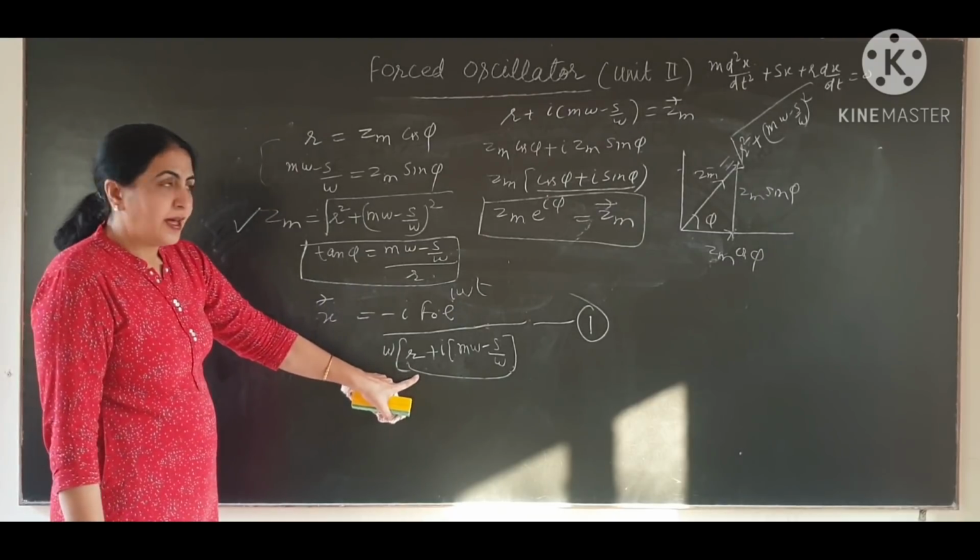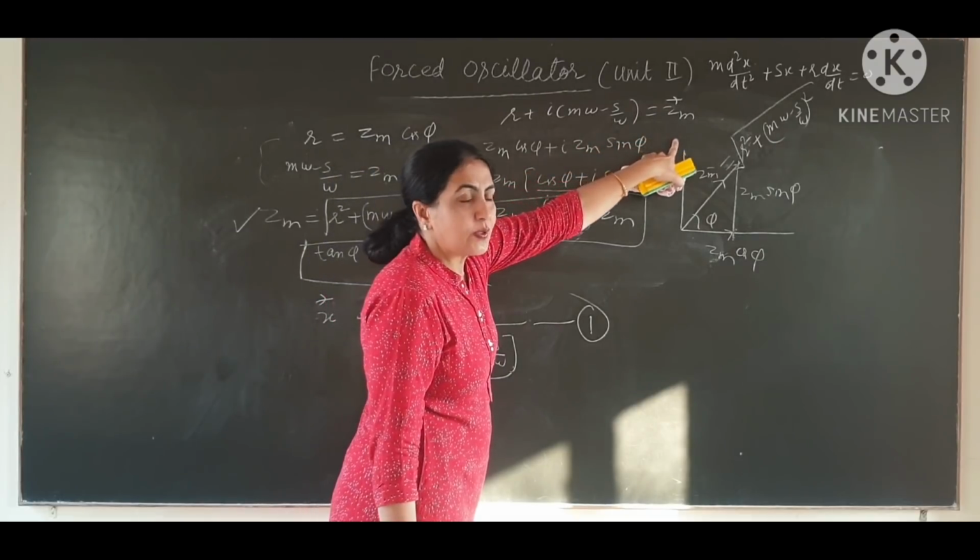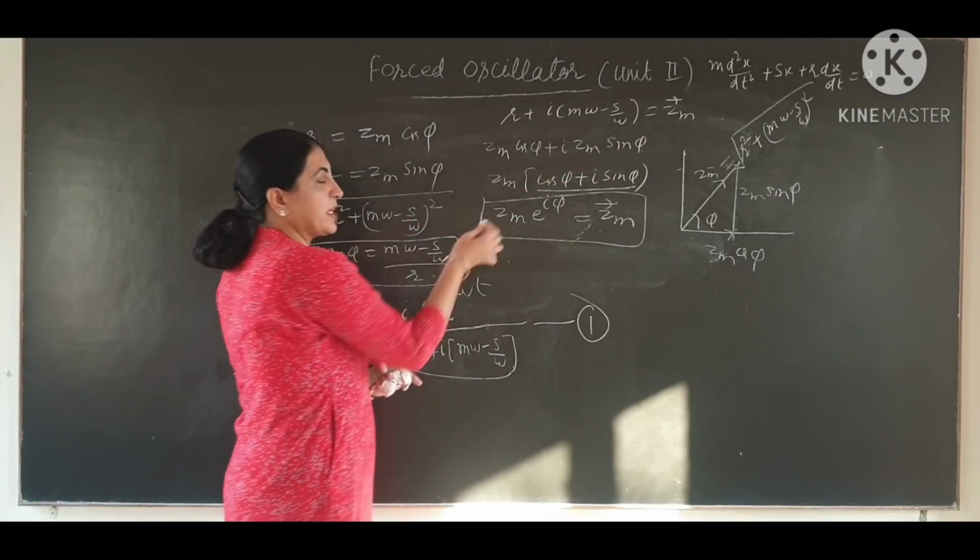Now, r plus iota m omega minus s over omega is equal to Zm, and Zm is equal to Zm e raised to power iota phi.